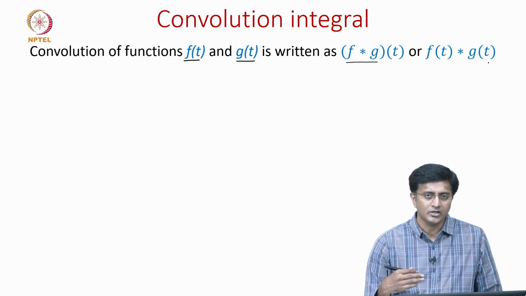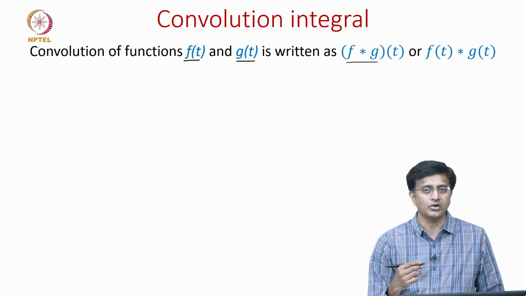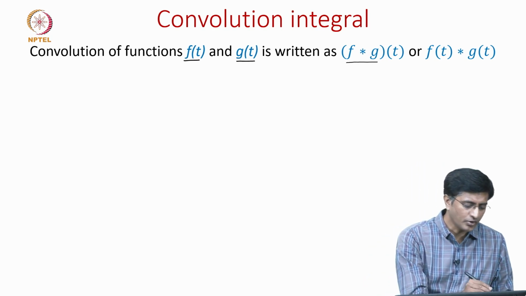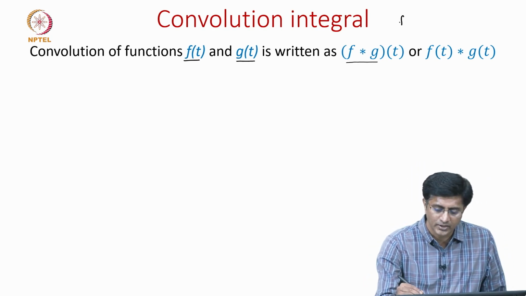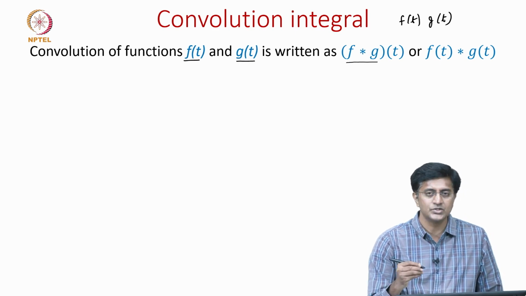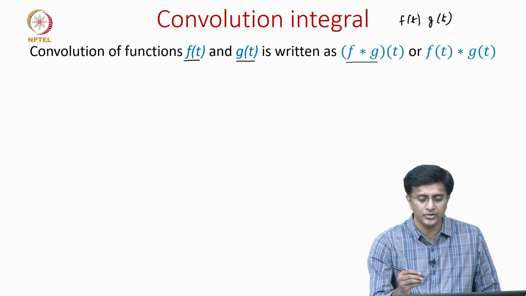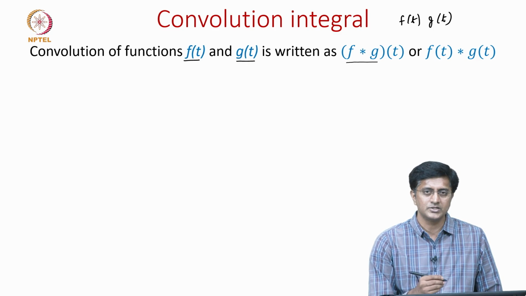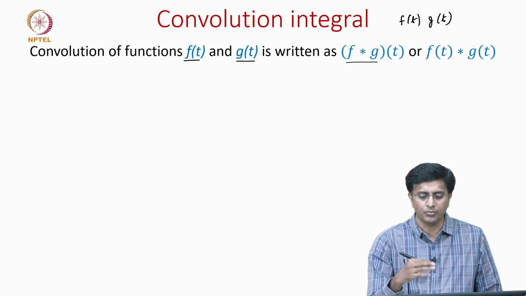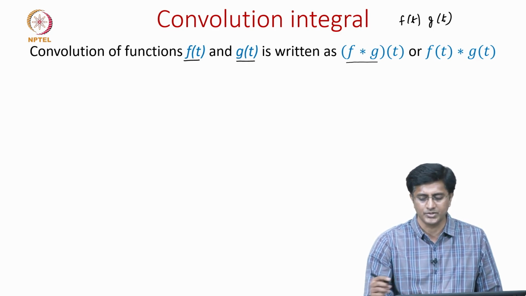Please do not confuse this with the product of two functions. The product of two functions we usually write as f of t times g of t. This is very different from the convolution between the functions f and g. We will see with the definition how the product is different from convolution.